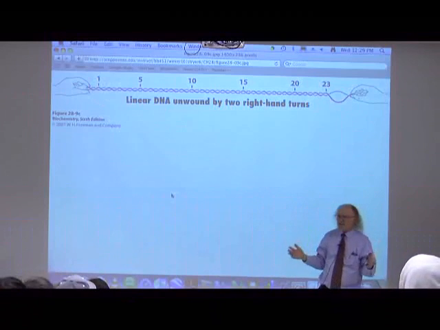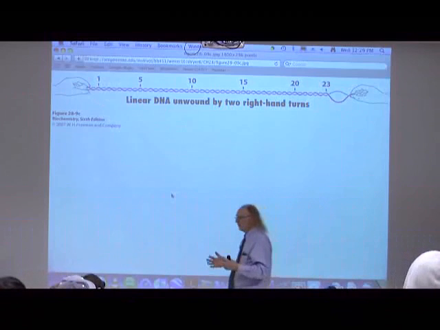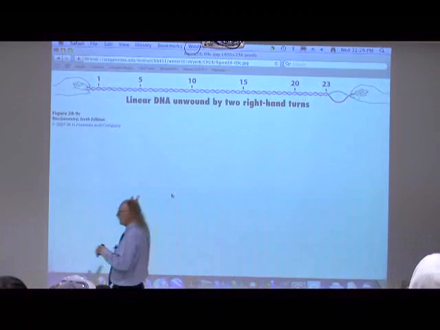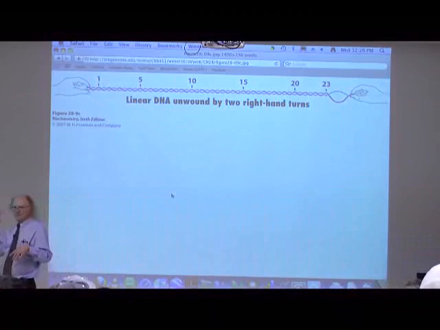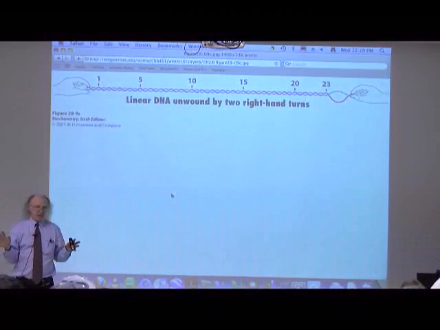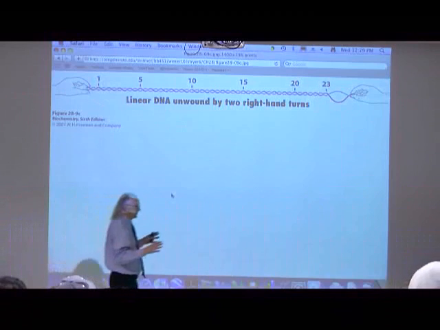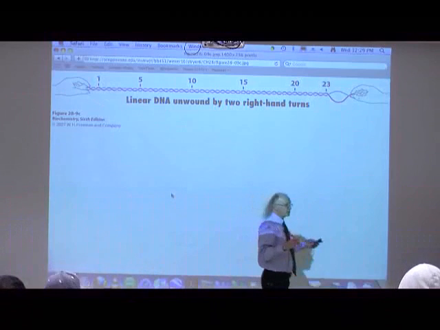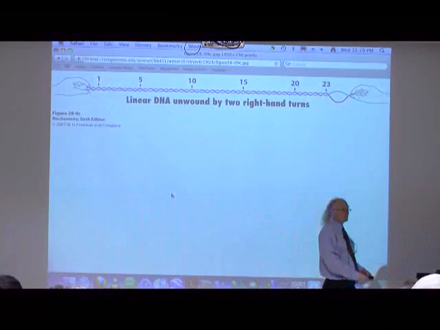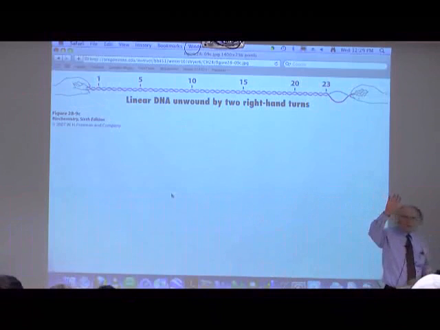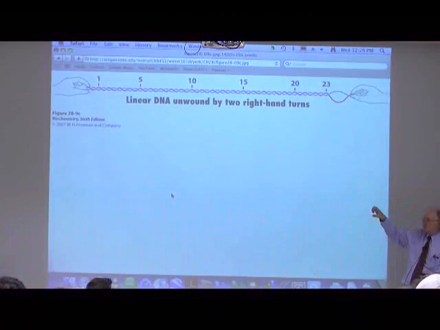The tension is anytime I get away from 10.5 base pairs per turn, this guy wants to flip back into it. So there's an energy associated with this. And that energy is realized if we let go of the other end, because boing, we see the untwisting or the retwisting occurring to get back to 25 twists, which corresponds to 10.5 base pairs per turn.